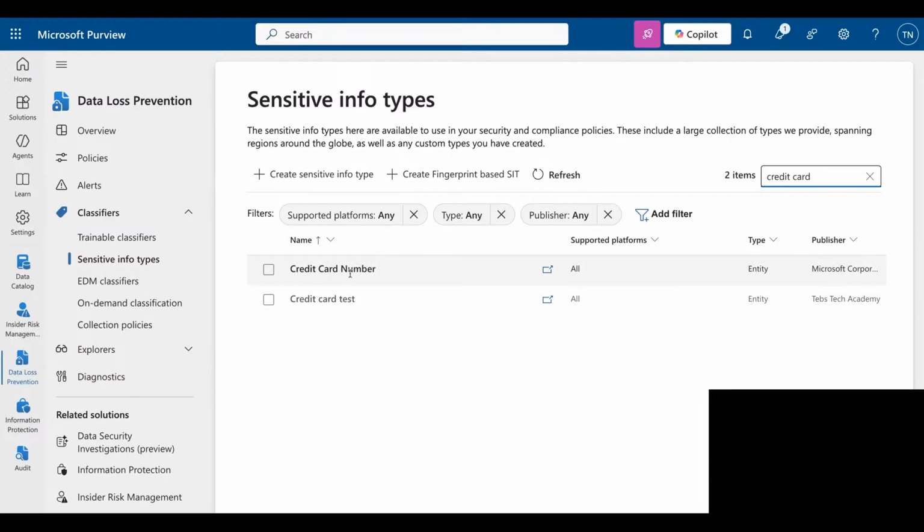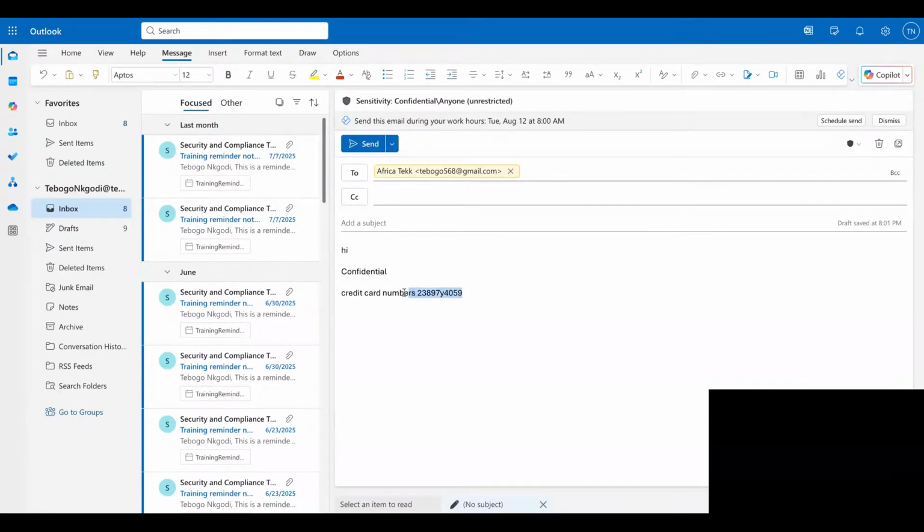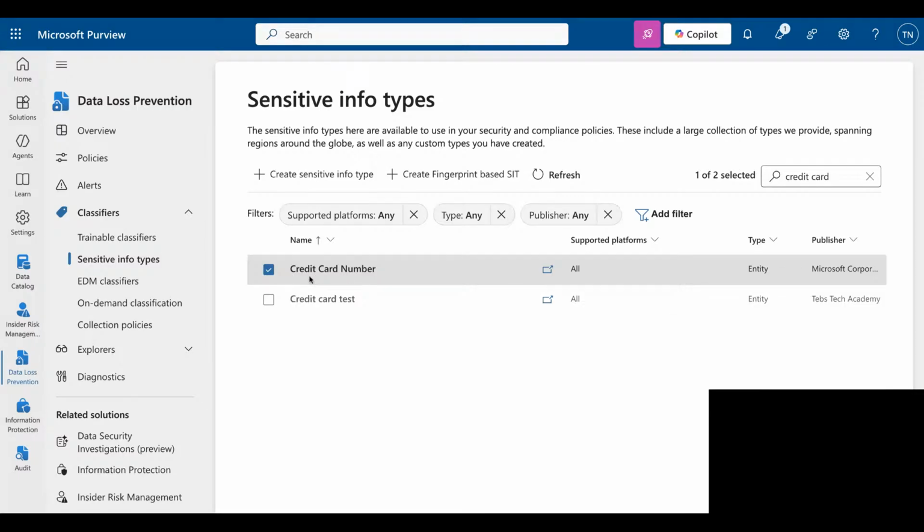It was going to detect this, and then it was going to assign the confidential label automatically based on this.